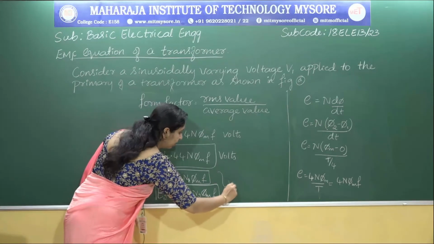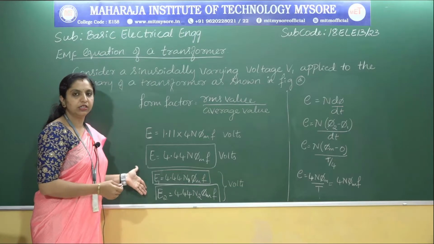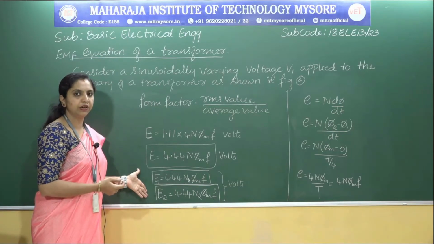Both are in terms of volts. So this is the derivation of the EMF equation of a transformer.